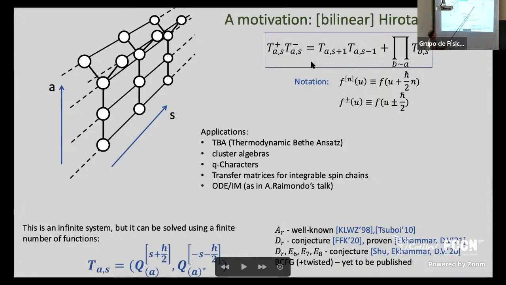So the equation is the following one. We have a function t, which depends on a variable called the spectral parameter. All functions will be functions of the spectral parameter, and we consider discrete shifts. This bracket n means that we shift by n units of h/2, h any number you want, it doesn't really matter.